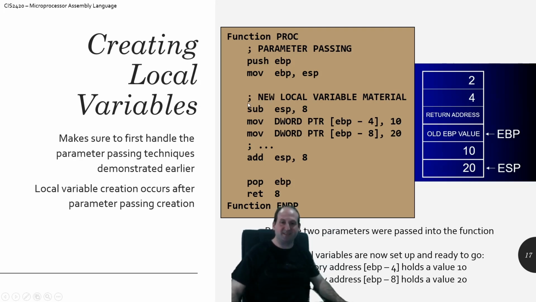In this case, what this tells me, sub ESP, 8, is it's taking the ESP register, which a moment ago was pointing at the exact same place EBP was pointing, and saying let's subtract off 8. What that does is give me 8 bytes of storage that I can use for my function, which means I have 4 bytes apiece.